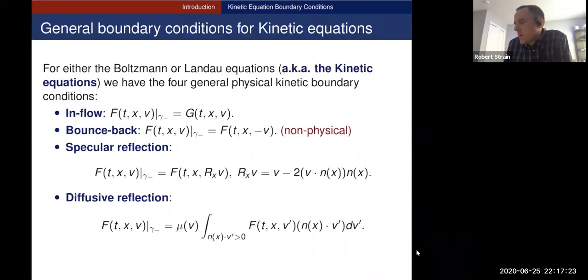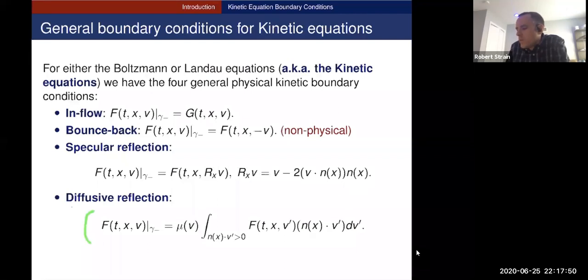Bounce back, this one is in the literature, but it's not typically considered physical: f on Gamma minus is f at minus v. And then you have the specular reflection, which is f on Gamma minus is f(t, x, R(v)), where R is a reflection, v minus 2 (v dot n) times n.